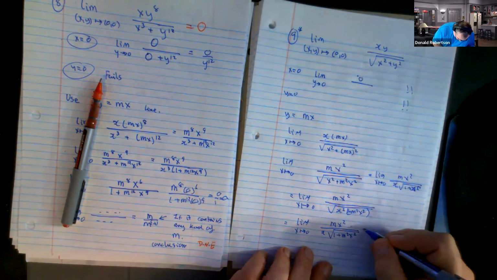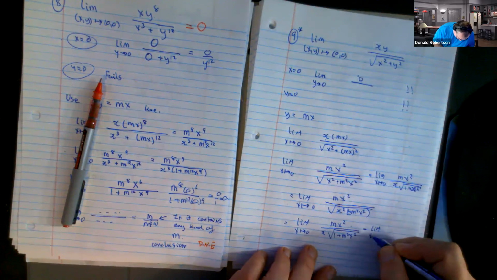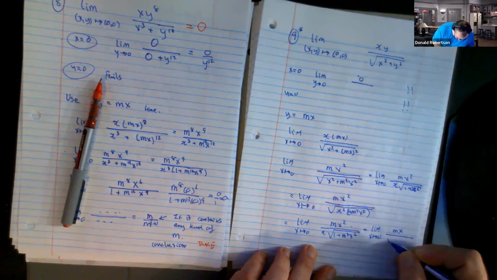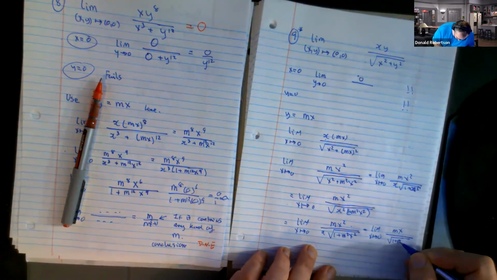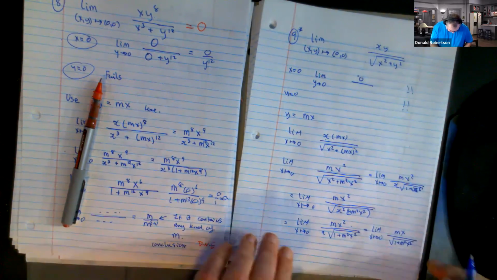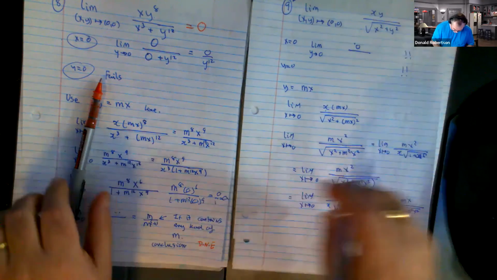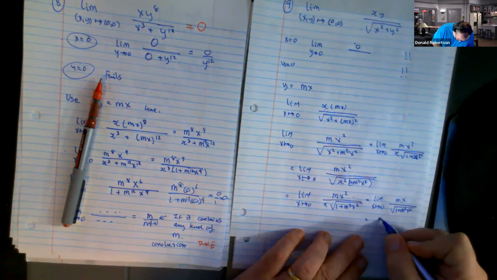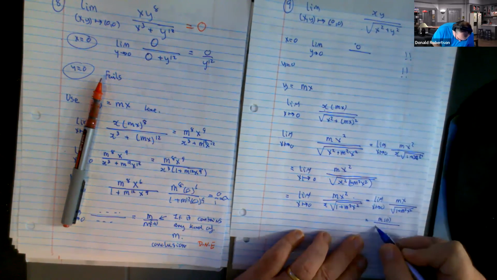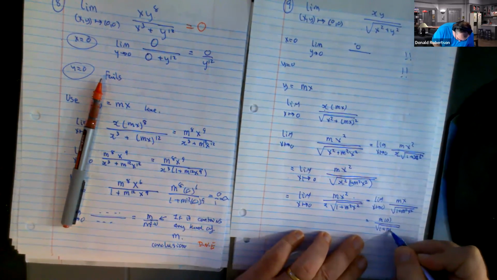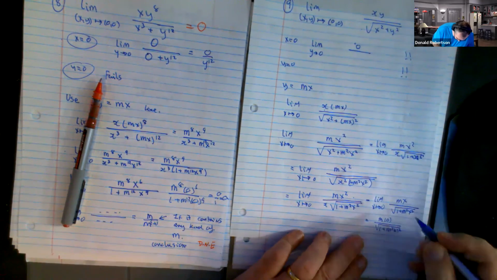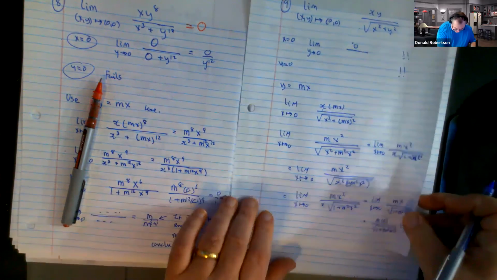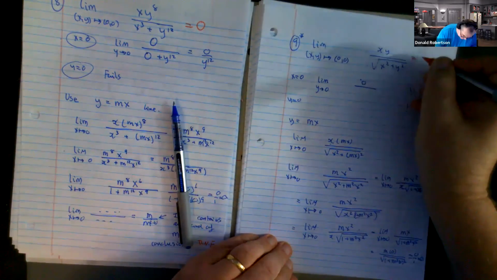If we cancel one of the x's, at this point here, can't I just do the brute force, make x 0 and see what we get? Well, I get m times 0 over the square root of 1 plus m squared times 0 squared. And the top is 0 and the bottom is 1, and we get 0. Which means this has a limit of 0.